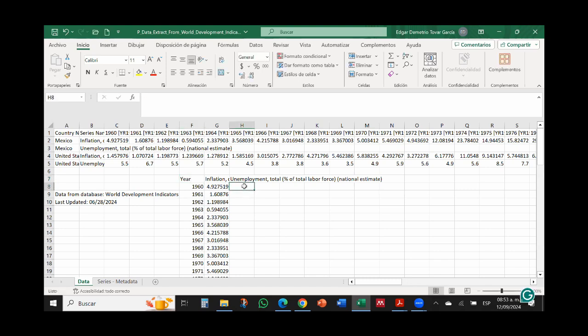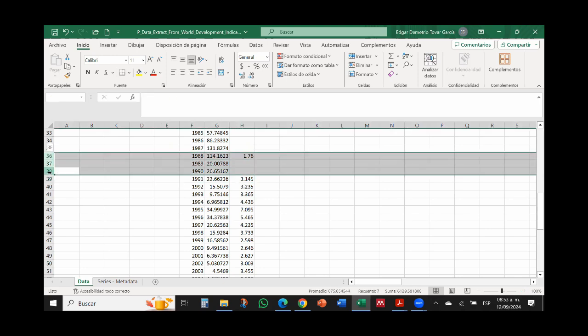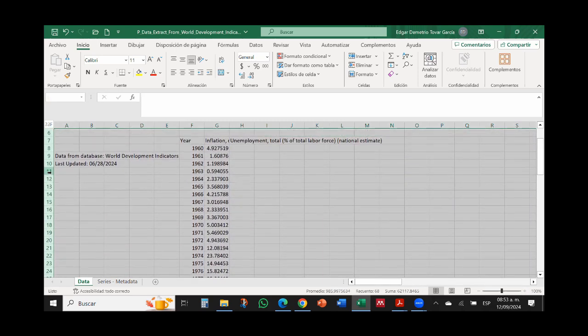And unemployment, we don't have all these observations. And actually, we don't have this and this. Therefore, we can actually start to analyze Mexico from this year, because otherwise it doesn't make any sense. So you can remove this data, because it would just distort you when you try to estimate something like that. And therefore, let me remove this.